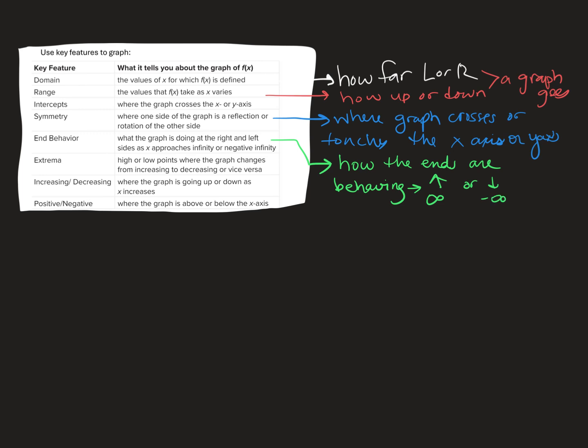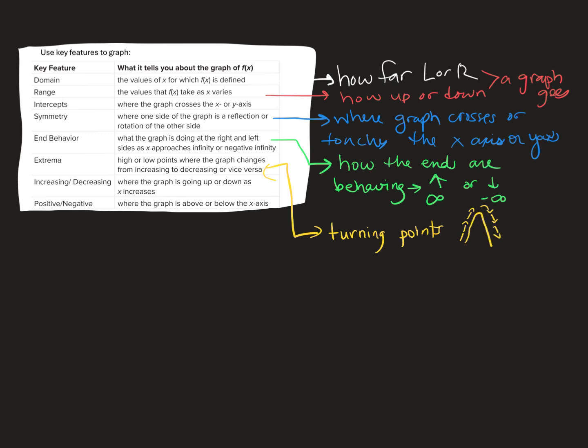Next is the extrema. Extrema tells you the high or low points. They're also called turning points. It's where your graph is increasing or decreasing. So increasing, going up, decreasing, coming back down.